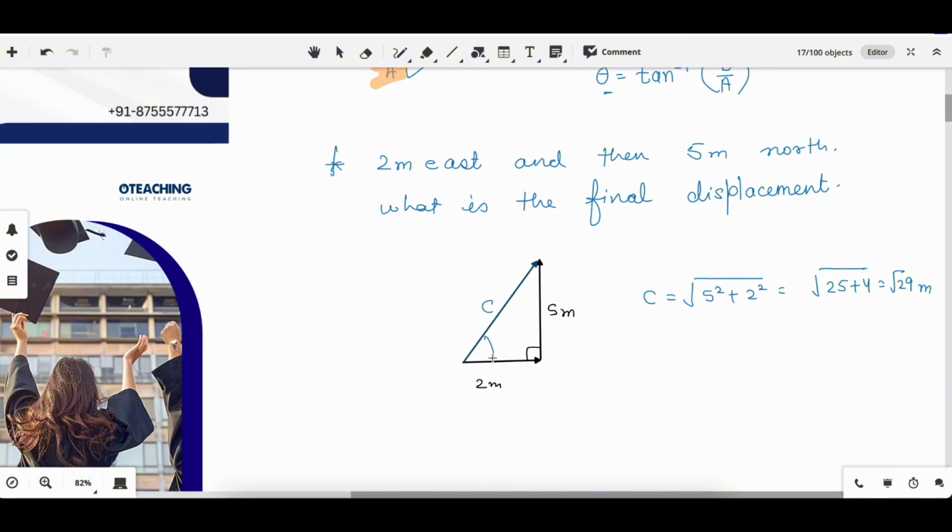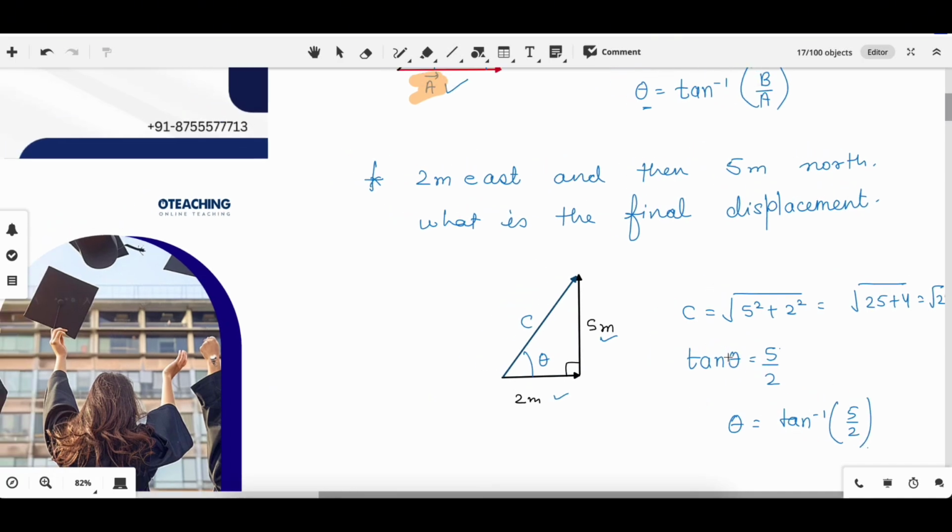Now the angle is also important. So you have theta. We calculate tangent theta, which is equal to perpendicular, that is 5, over the base, that is 2. So you get theta as tangent inverse of 5 by 2. That's how you'll calculate your final resultant.